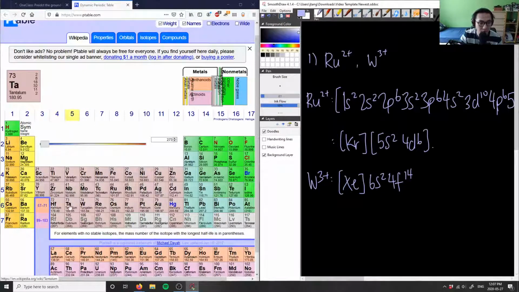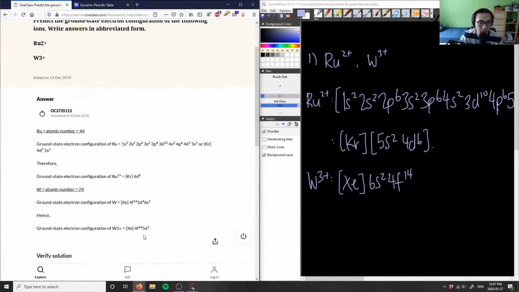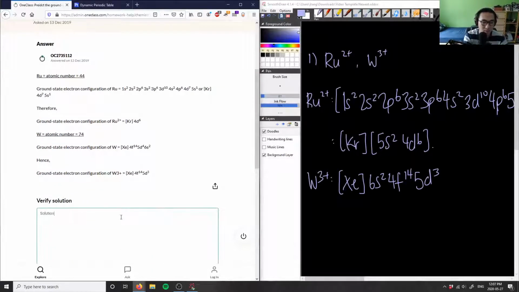So it's 1, 2, 3, so 5d3. This here is 5d3, which is great. And this is the electron configuration for tungsten. So this solution here is correct. These two are the correct answer, and again, the solution is correct. Good analysis here.